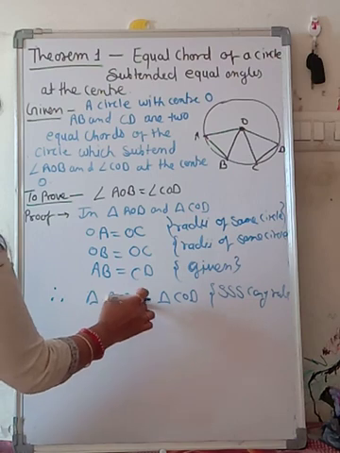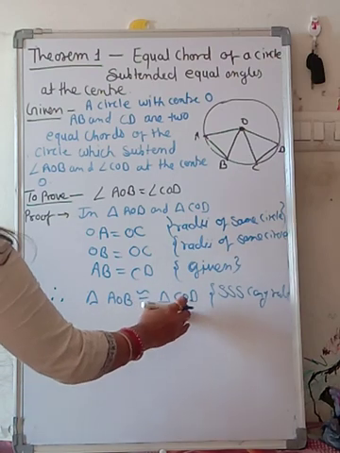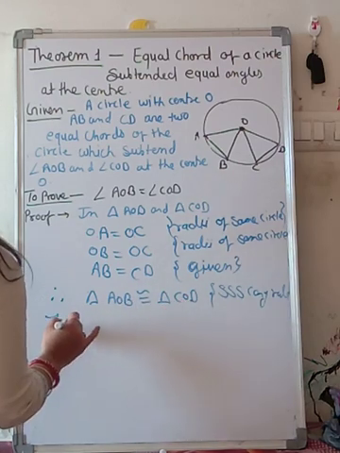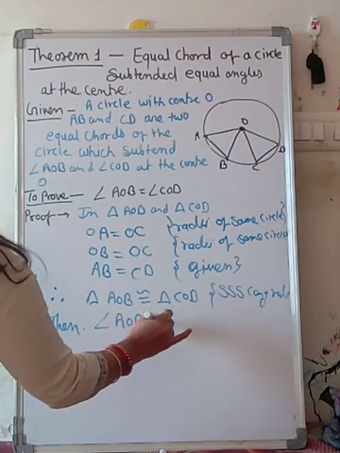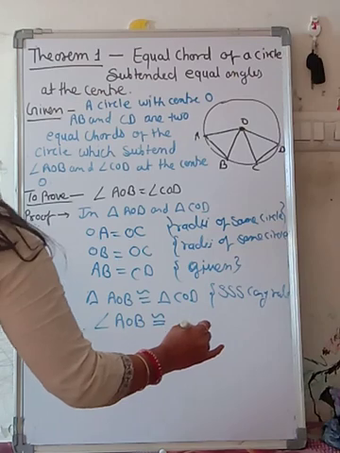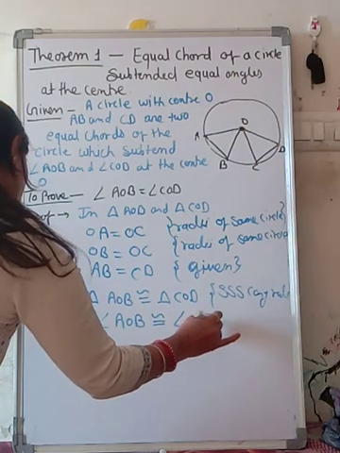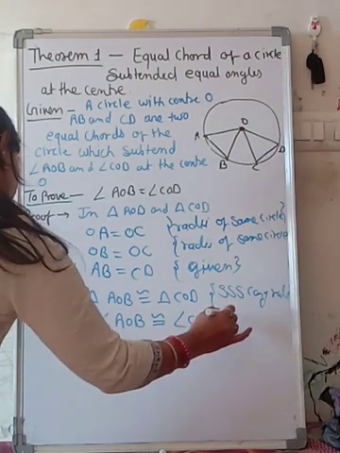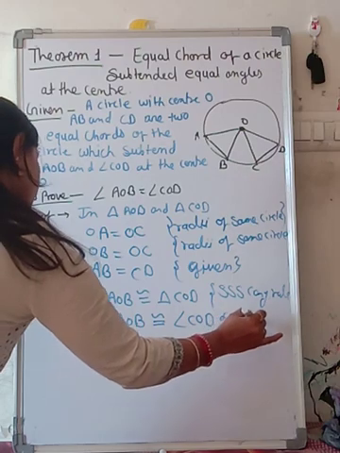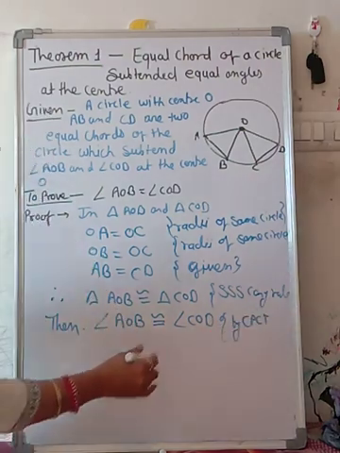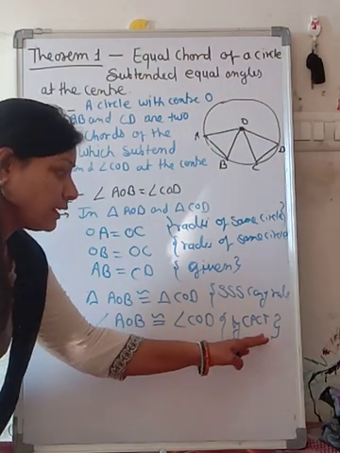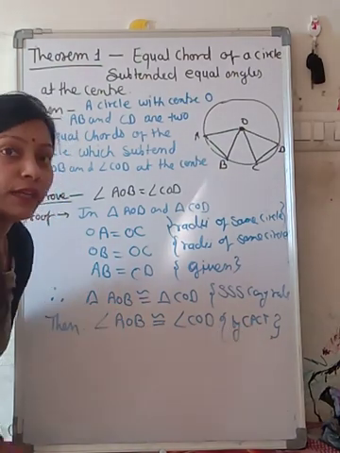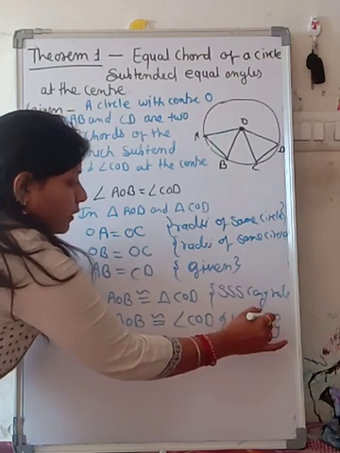Then you can write angle AOB is equal to angle COD by the CPCT, corresponding parts of congruent triangles.